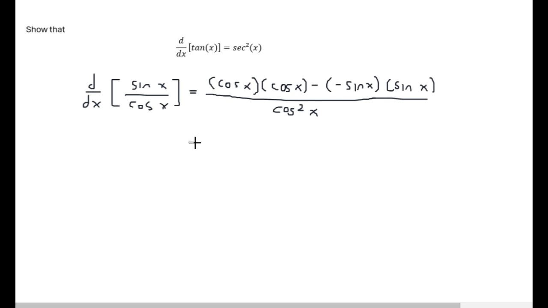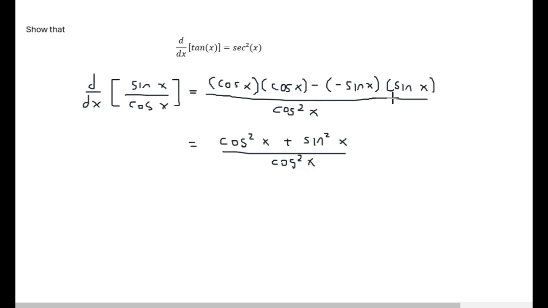If we group everything together, we have on the numerator cosine square of x plus sine square of x, and that's all over cosine square of x.